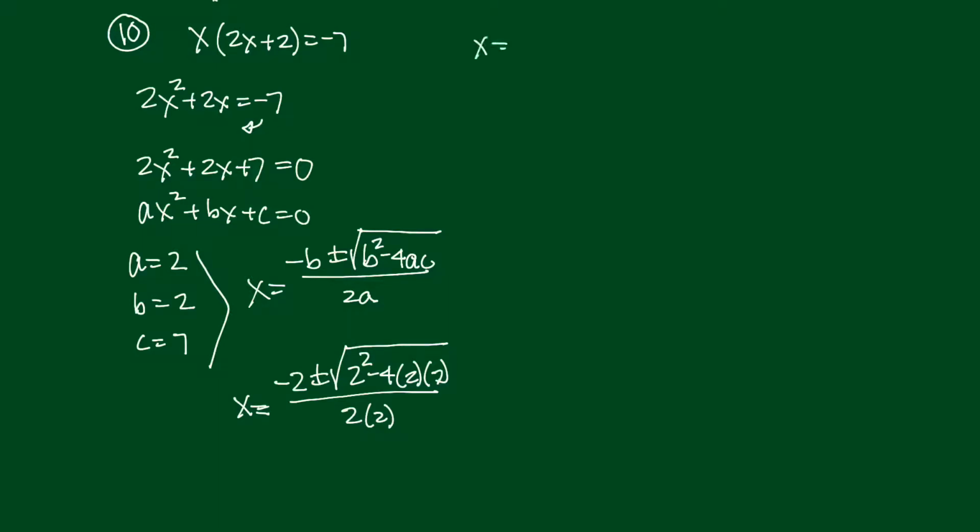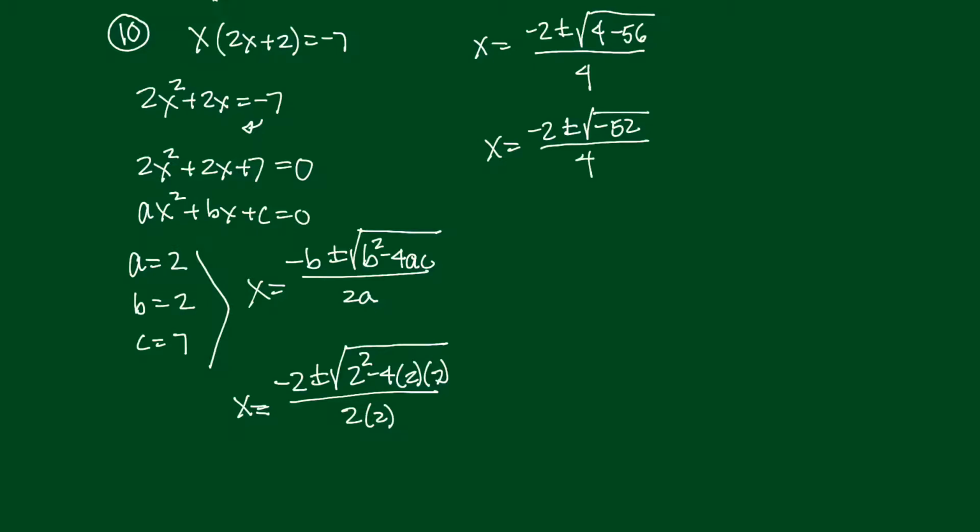So we'll get x equals negative 2 plus or minus the square root of 2 squared is a 4. And what do we get here? Negative 2 times 4 is negative 8. Negative 8 times 7, negative 56. All over 2 times 2 is 4. So x is negative 2 plus or minus the square root of, I'm thinking that's negative 52, all over 4.